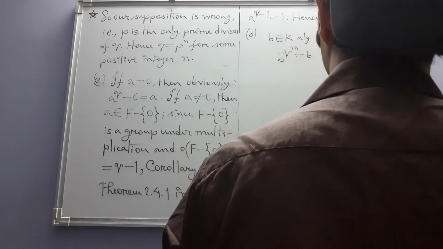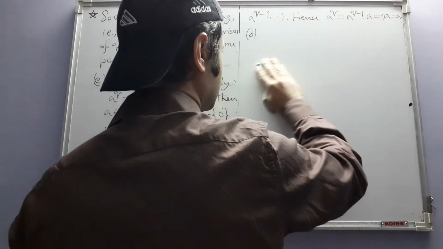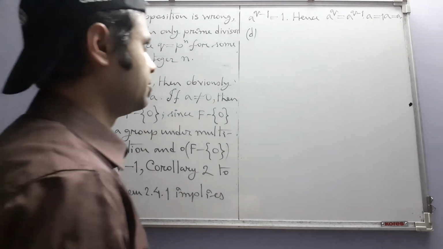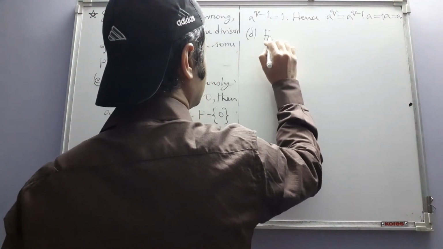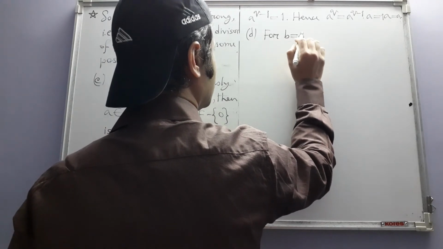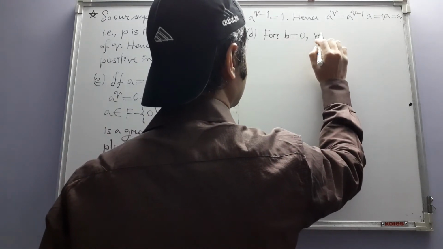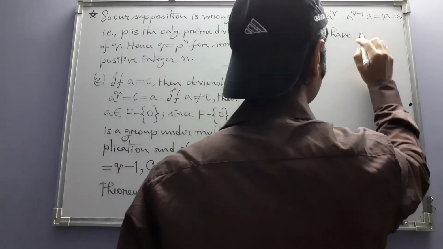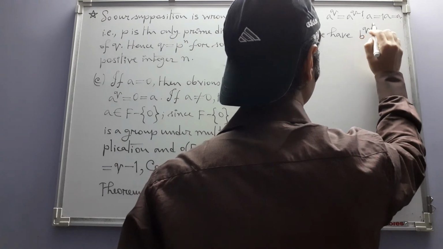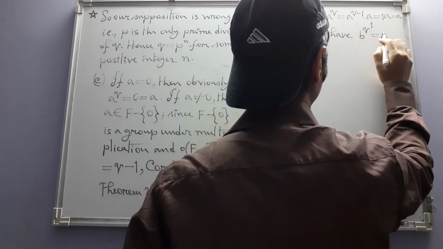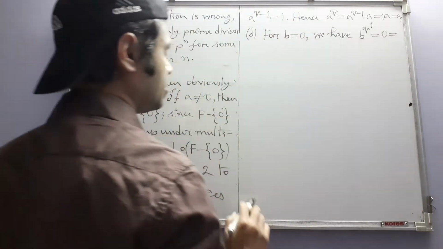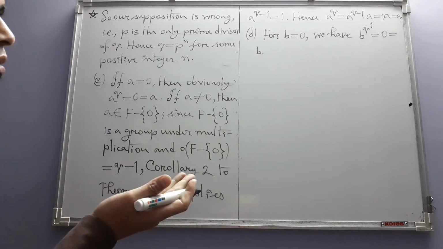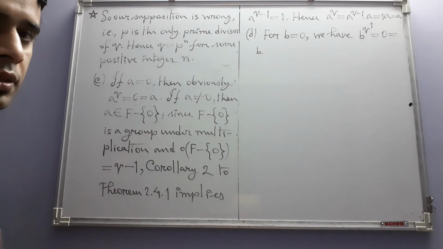For this one also we consider two cases, namely when b is 0 and the other when b is non-zero. For b equal to 0, we have b to the power q to the power 1. This will be 0 and that is equal to b. So in place of m we can choose 1, and in fact any positive integer m can be chosen in this particular case.